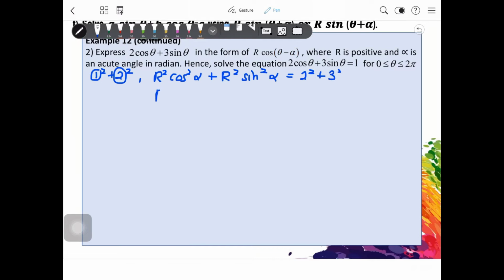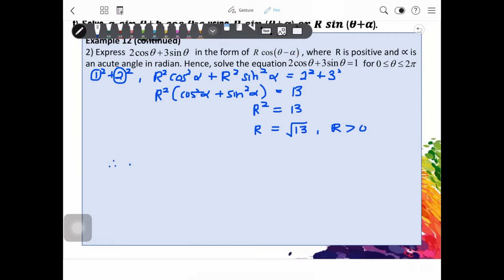If I simplify them, this is going to be R square, and cos square alpha plus sin square alpha in the bracket, equals to 13. So R square is equals to 13. R is equals to square root 13 because R is positive.